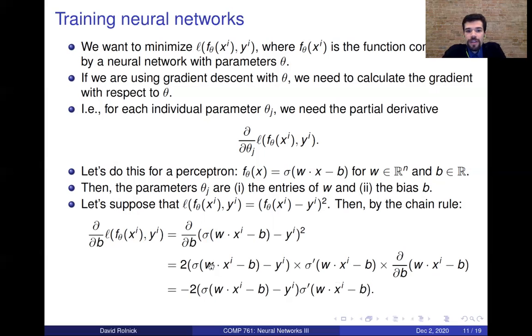And then we need to take the partial with respect to b of what's inside the sigma, and this is just -1, because the only part of this that depends upon b is negative b, and the derivative of negative b with respect to b is just -1. So that becomes -2 times this times the derivative of sigma here. Questions about that?